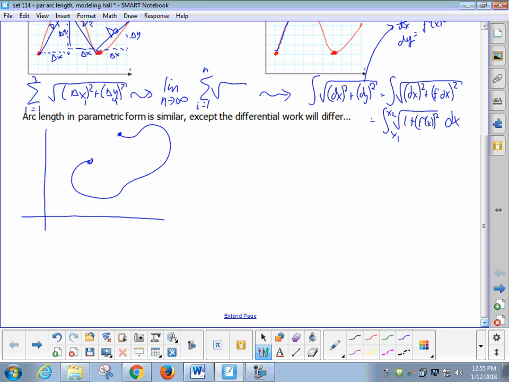Now, if this was created by x of t, y of t, remember parametric equations are x is a function of time and y is a function of time, I could still model or approximate the length by finding some segments.